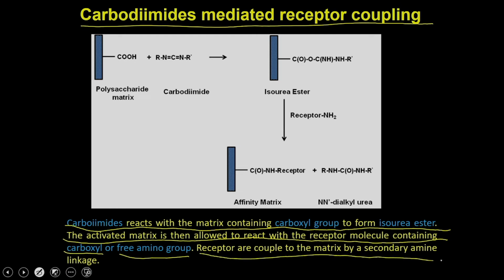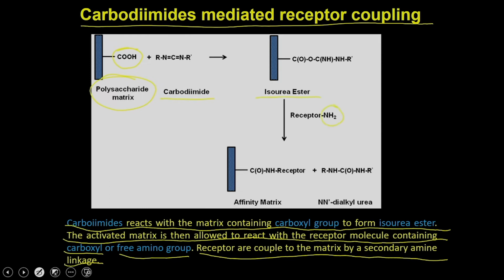Receptors are coupled to the matrix by the secondary amine linkage, which means you take the polysaccharide matrix, such as dextran, which contains the carboxyl group, and then you add the carbamide. The carbamide is going to activate it and generate the isourea esters.